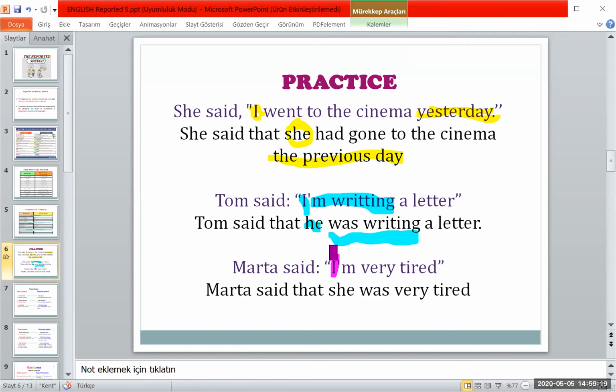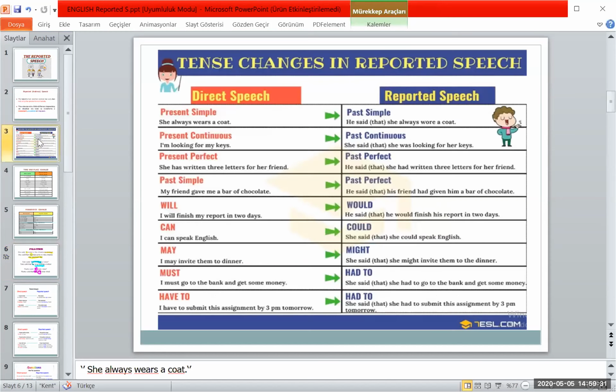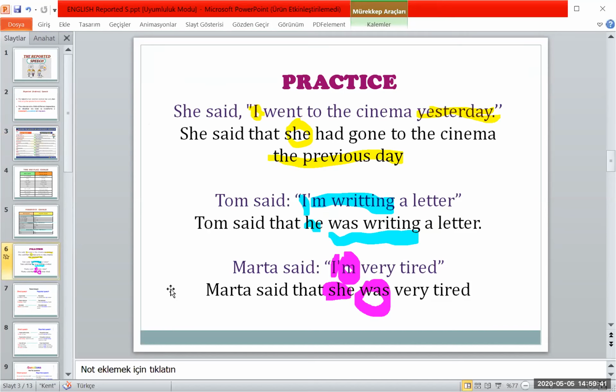This I changed into she in the reported speech. And this "am" changed into "was". Why? One more time, a little flashback. Present simple tense in direct speech will be changed into past simple tense in reported speech. That's why we made these changes, guys.